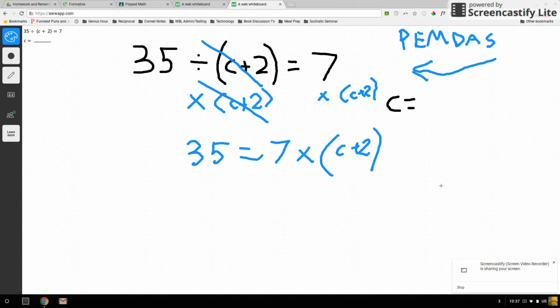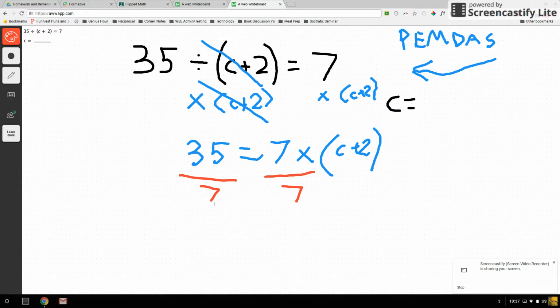Okay? Now I keep going. Once again, parentheses we do last. And so what we have to do is look, there's some multiplication. In this, we had 7 times c plus 2. Well, if I want to get rid of 7 times, I'm going to divide by 7. If I divide by 7 on one side, I divide by 7 on the other side.